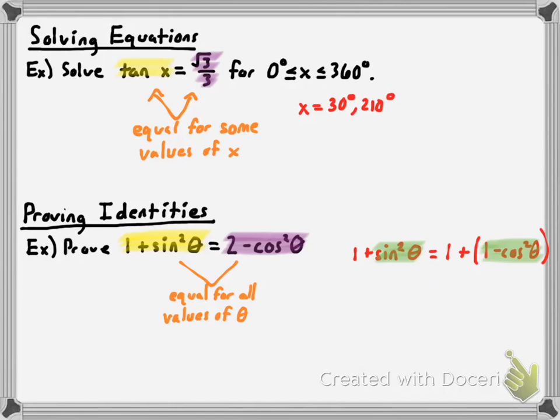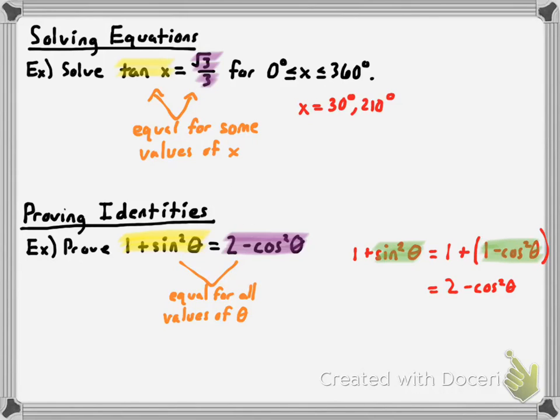And then it's just one more step to go ahead and prove that the original expression was equal to 2 minus cosine squared theta, because there's no distribution to do with the parentheses, because that would just be a positive 1. I can just go ahead and say 1 plus 1 is 2, and then I've got minus cosine squared theta. There you go.